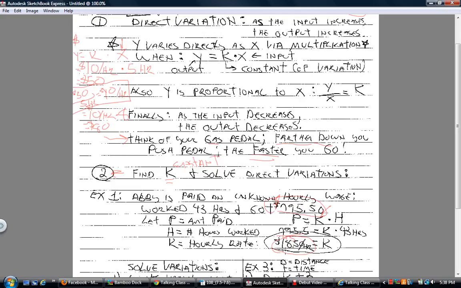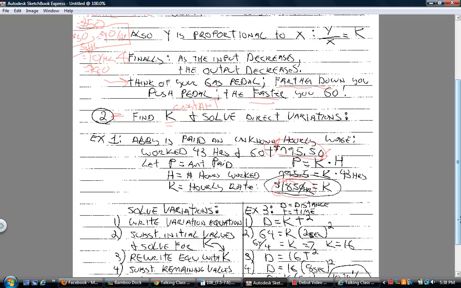Now that I know they've made $18.50 an hour, in the second part of the problem, if I asked how much they will make if they work 10 hours, I'm making this simple, the pay would be $18.50 multiplied by 10 hours, and they make $185 total pay. That's that two-step process.